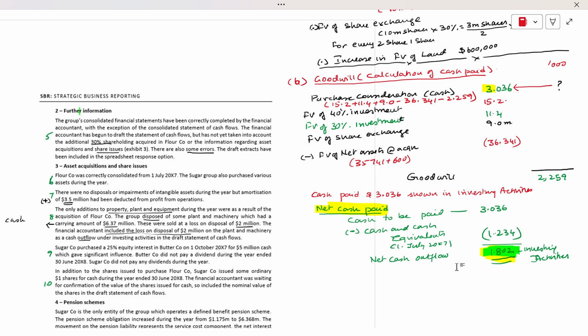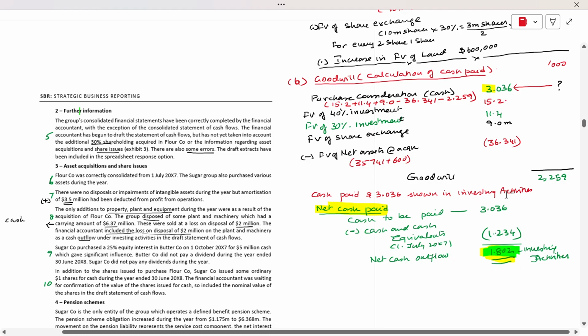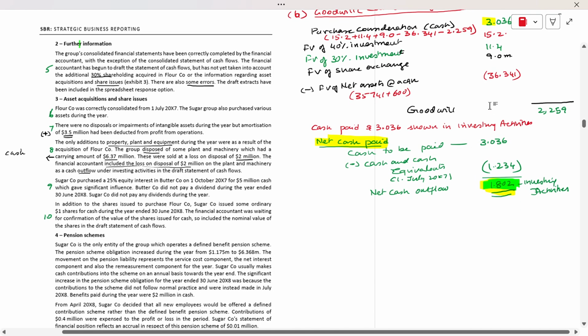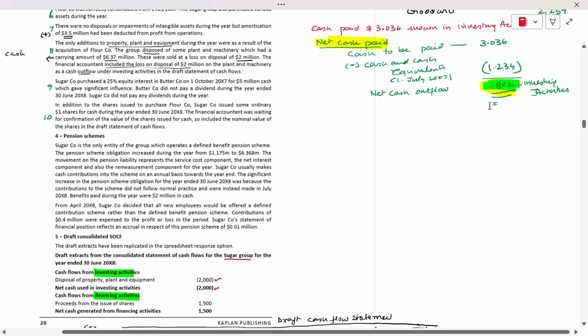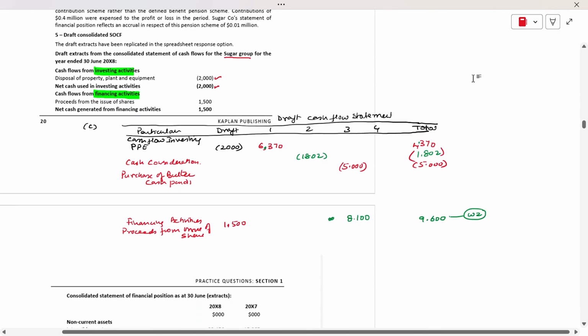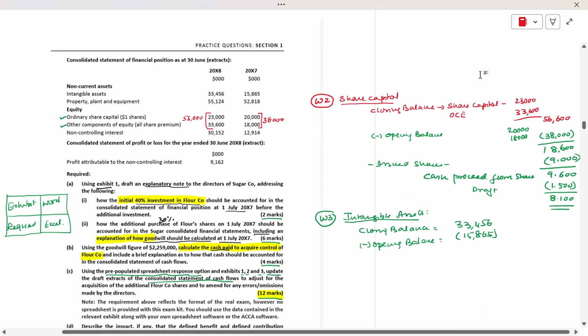But amortization of 3.5 has been deducted. They have already deducted it from the operating activity. In the operating activities, we have to add it; in intangible assets, we have to deduct. We are not doing operating activities here. Here, what we have to do is minus impairment.